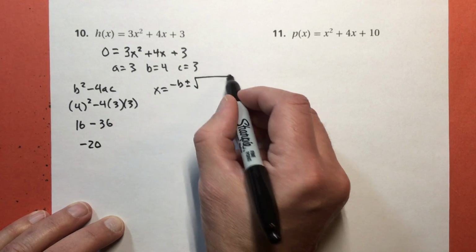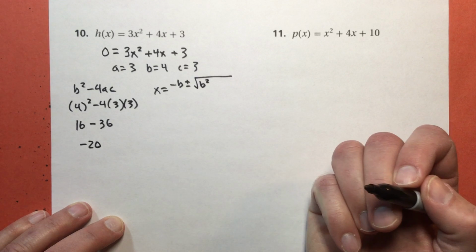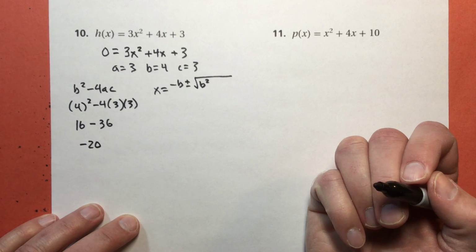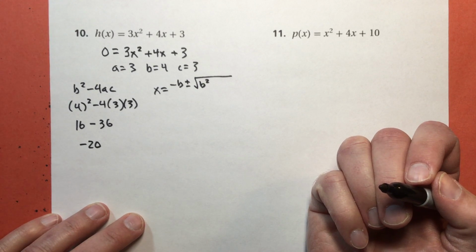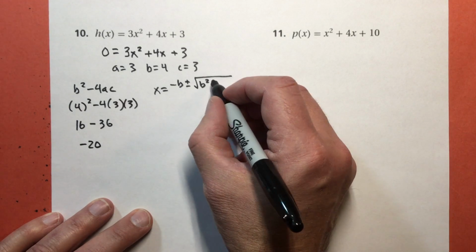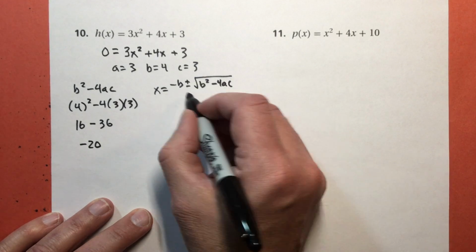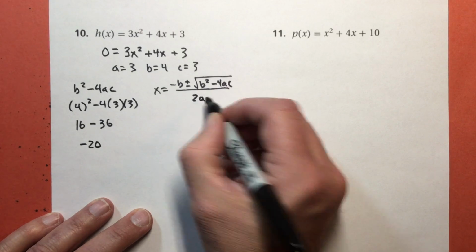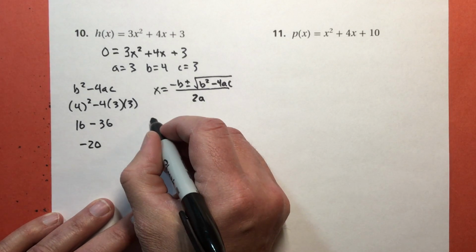I always like, maybe you've noticed this because I've done about 15 problems or so, every time I write the complete quadratic formula in this step, I like to do that to make sure I don't forget anything.